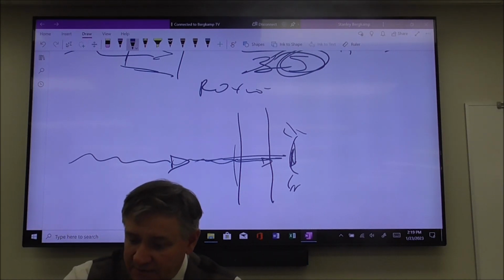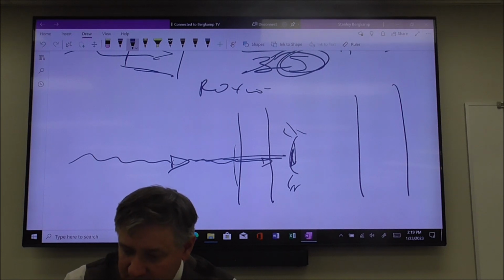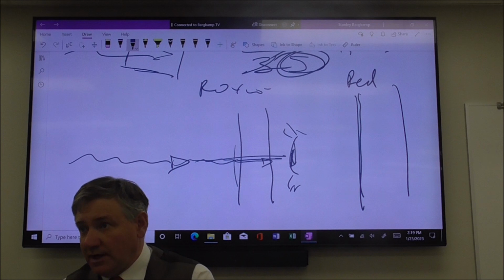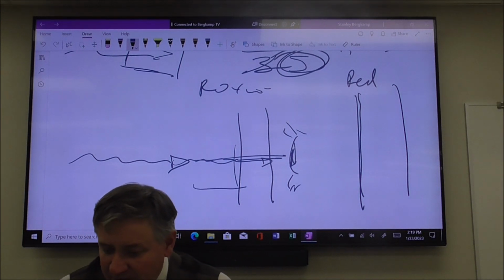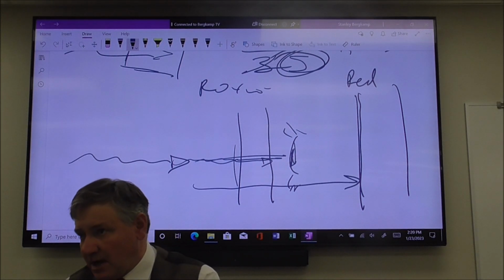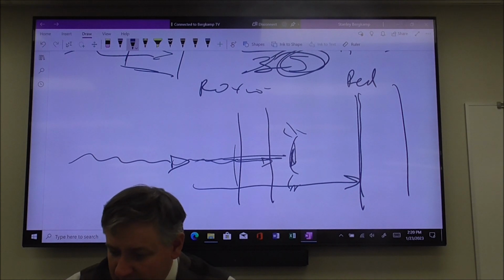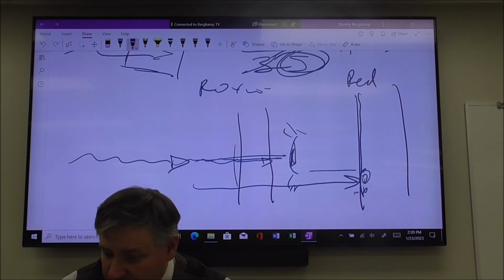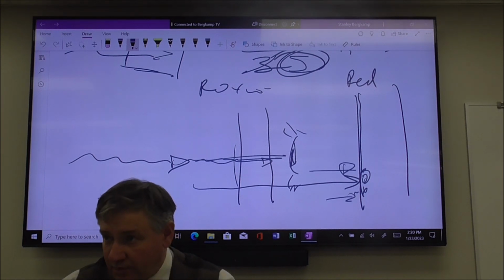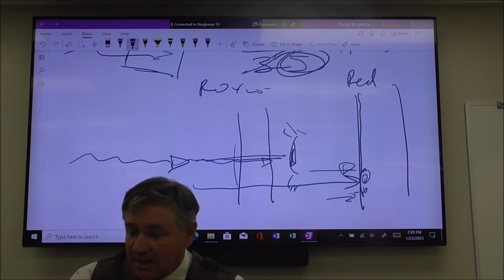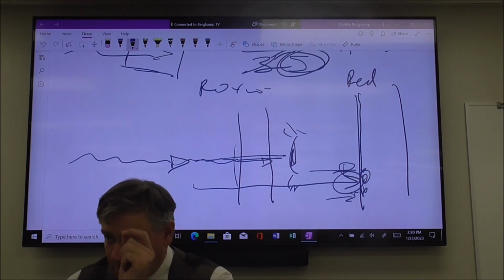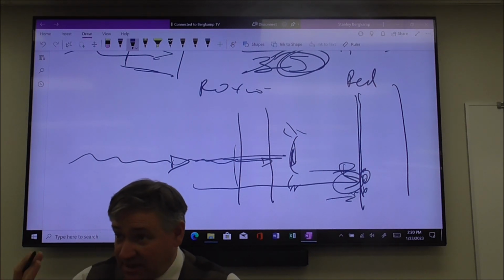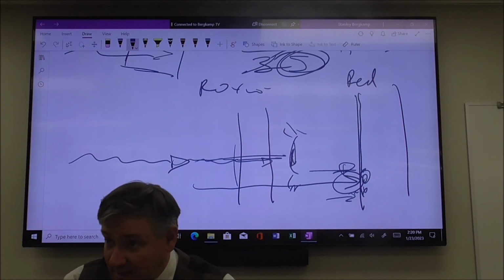Now, if you have a wall painted red, that same photon hits that wall. On an atomic level, those electrons are going to absorb that spectrum, except for what we as human beings call red light.